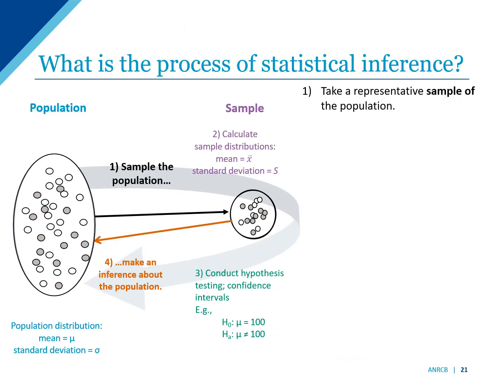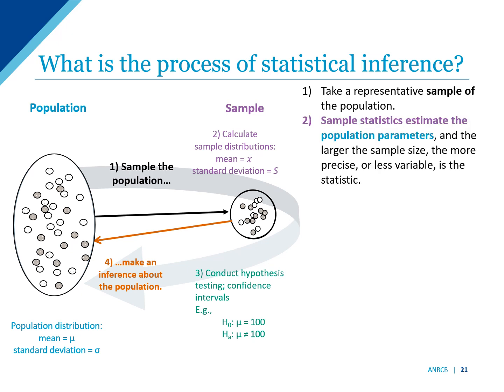Now we know a sample should be representative of its population and how we can sample the population. We know that a sample statistic is used to estimate the corresponding population parameter, and that the larger the sample size, the more precise or less variable is the statistic. We focused on point estimates, or a single statistic like means and proportions, or in other topics on measuring risk ratios and odds ratios.